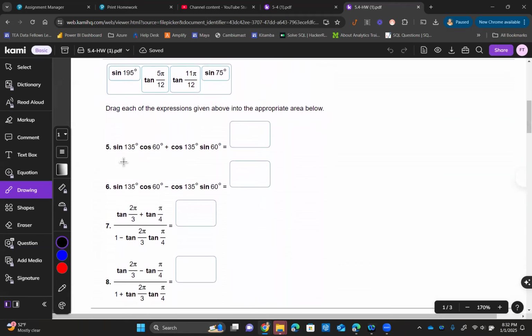So you will recognize that sine 135 times cosine of 60 plus cosine 135 times sine of 60 is the equivalent of sine of 135 plus 60. And then if we add these two numbers, we will get angle 195. So this will be the same thing as sine of 195. So this is going to come to this box.